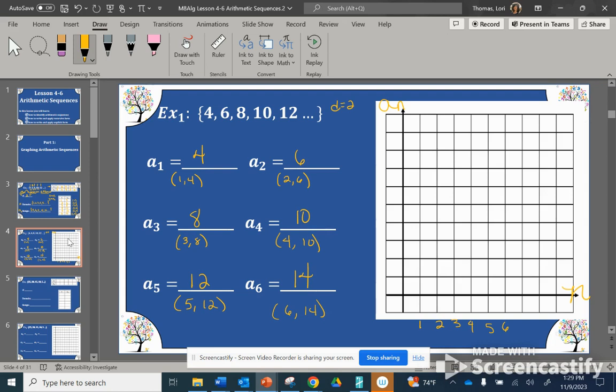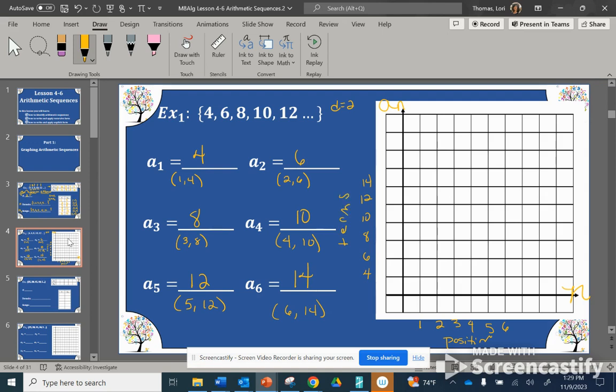And then I will just make this easy for myself. So we have 4, 6, 8, 10, 12, 14, and so on. So this is my position, and these are the terms.